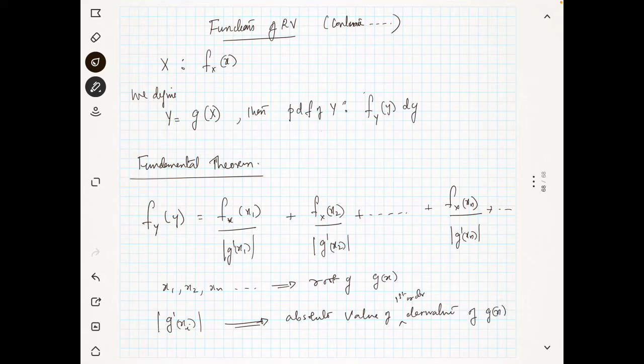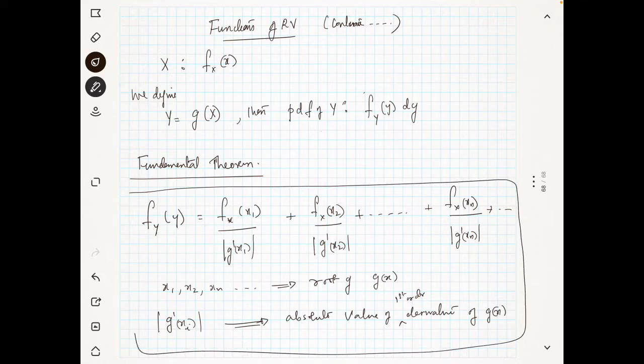This fundamental formula you have to remember to find the probability density function of the random variable. So we will see an example.